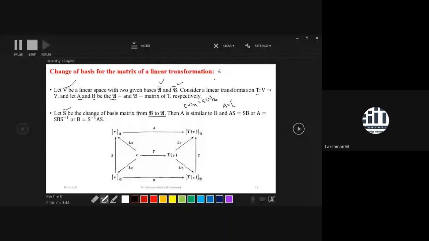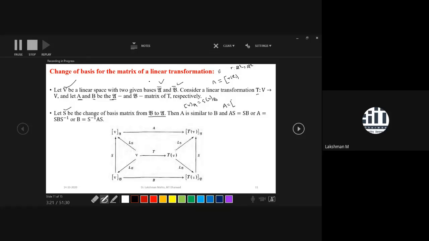Suppose we have a linear transformation from R2 to R2, and the standard basis E has basis elements (1, 0) and (0, 1). How will you find the matrix of this linear transformation? The first column of this matrix would be the image of the first basis element E1 with respect to the standard basis. With respect to a standard basis, it is not needed to write the square bracket, because it would be the vector itself.